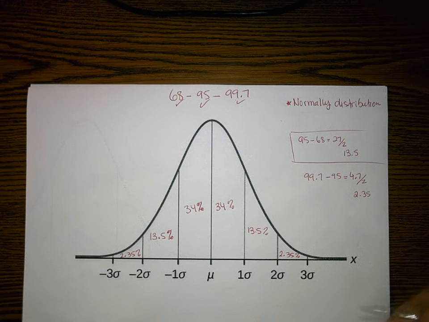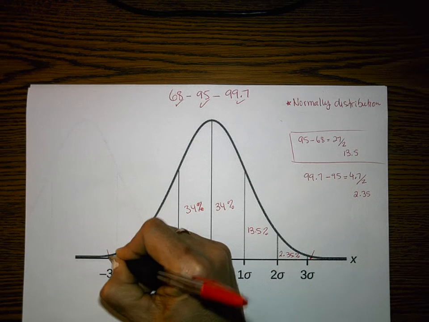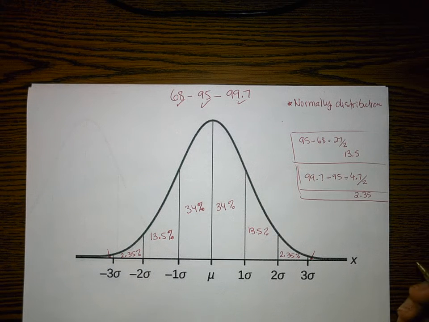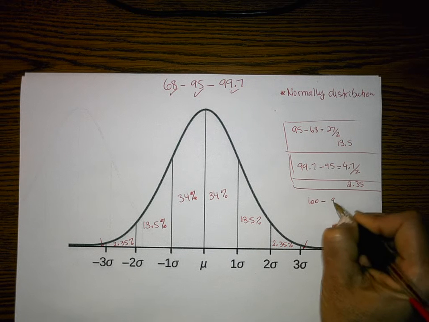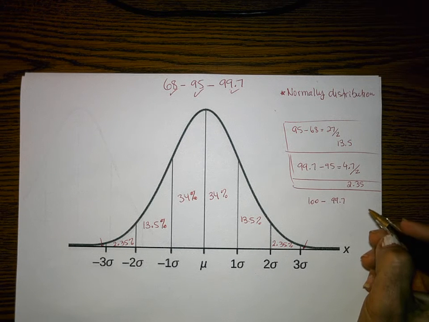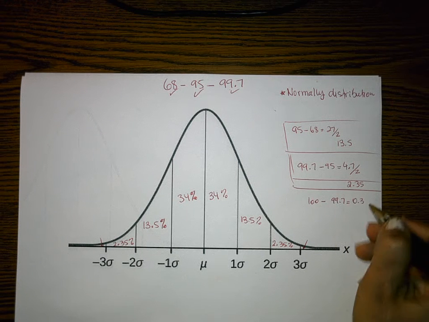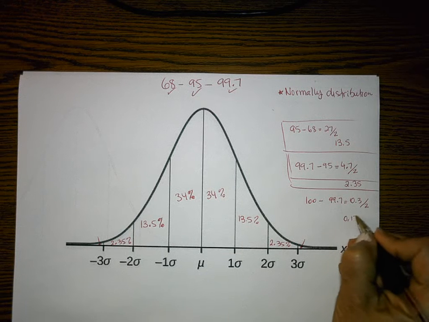So if you really want to know what this little teeny percentage is right here, then you have to do a little bit more calculation. You grab 100% minus your 99.7, which equals 0.3, and then when you divide it by 2, you get 0.15%.